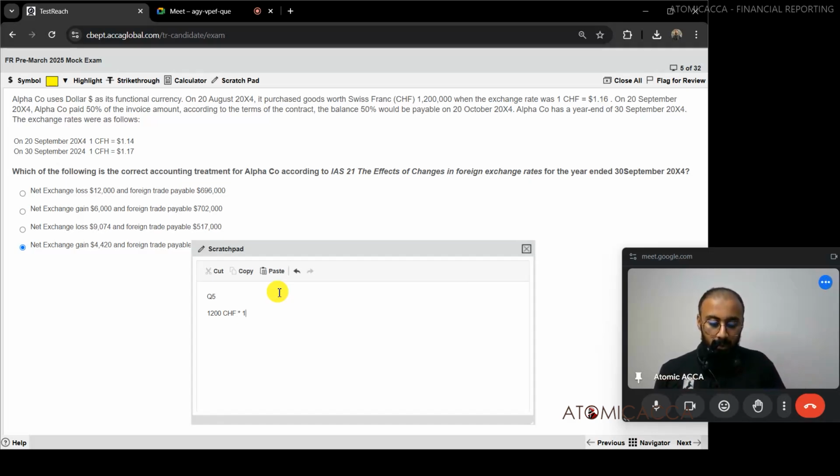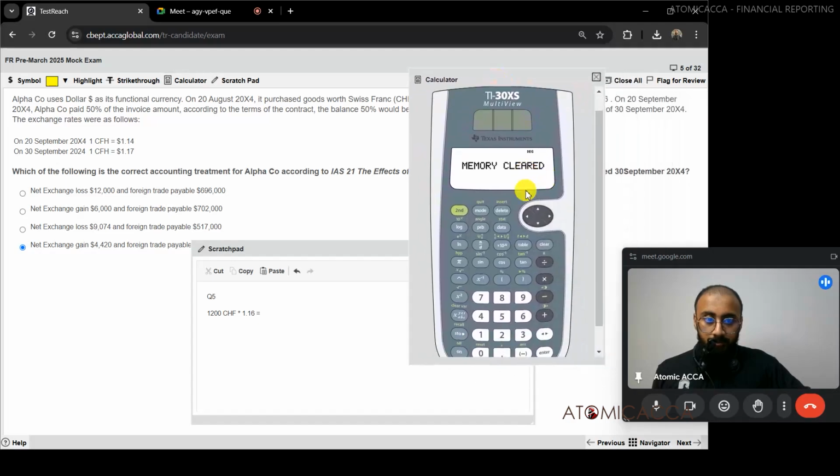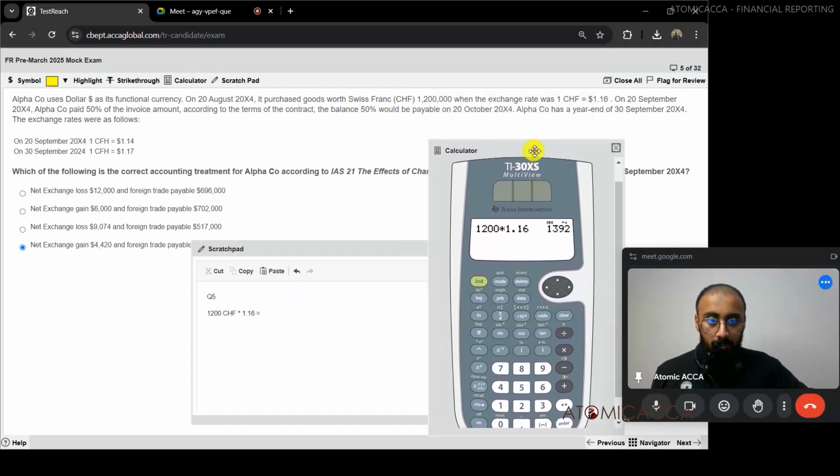So 1200 into 1.16. That is equal to 1392.